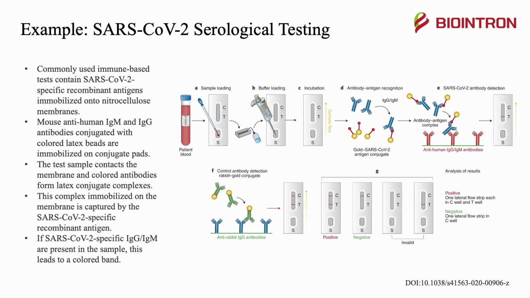The test sample contacts the membrane and colored antibodies to form latex conjugate complexes. This complex is captured on the membrane by the SARS-CoV-2 specific recombinant antigen. If SARS-CoV-2 specific IgG or IgM are present in the sample, this leads to a colored band.